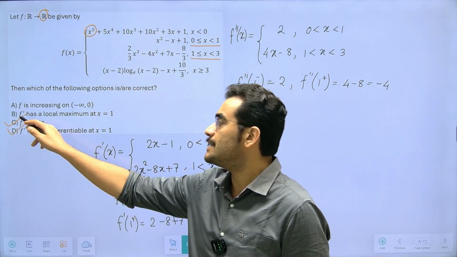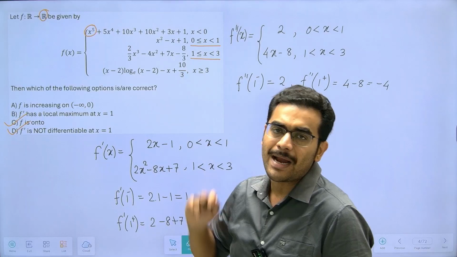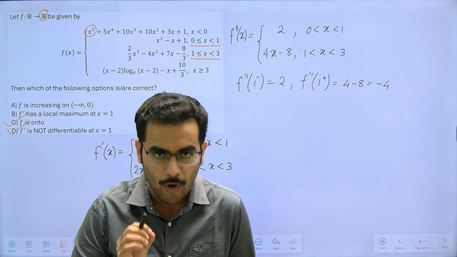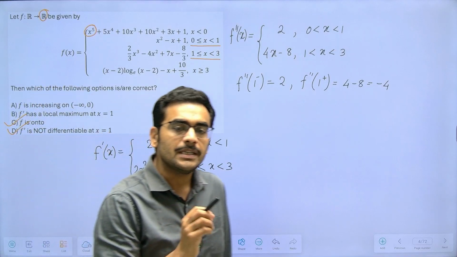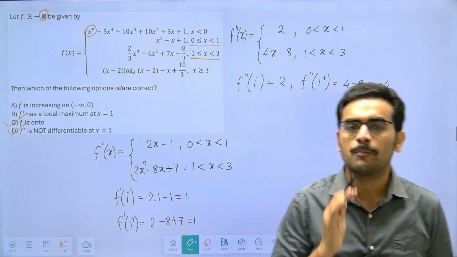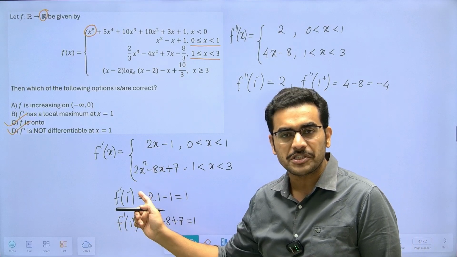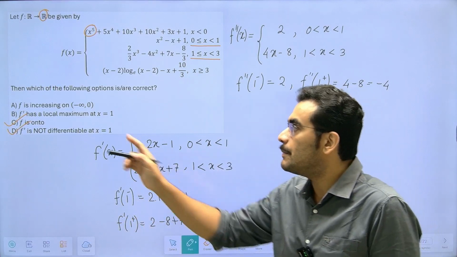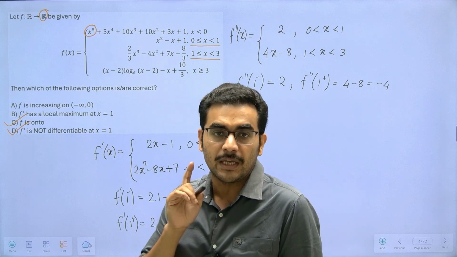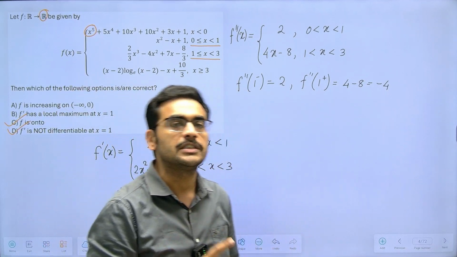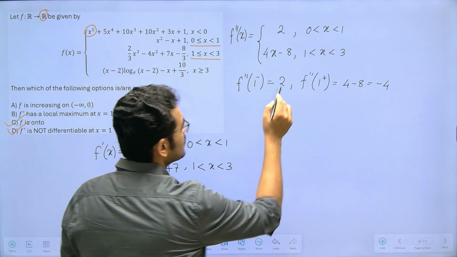And option B is: f dash has a local maximum at x equal to 1. For a local maximum of a continuous function at a point, we need to see that the derivative changes sign from positive to negative. We have checked that the derivative is a continuous function. So the derivative will have a maxima at x equal to 1 if the derivative of the derivative changes sign from positive to negative. And that is what is happening.